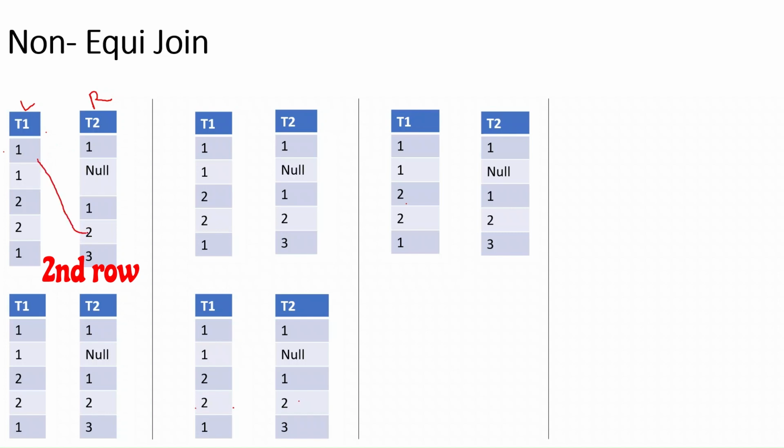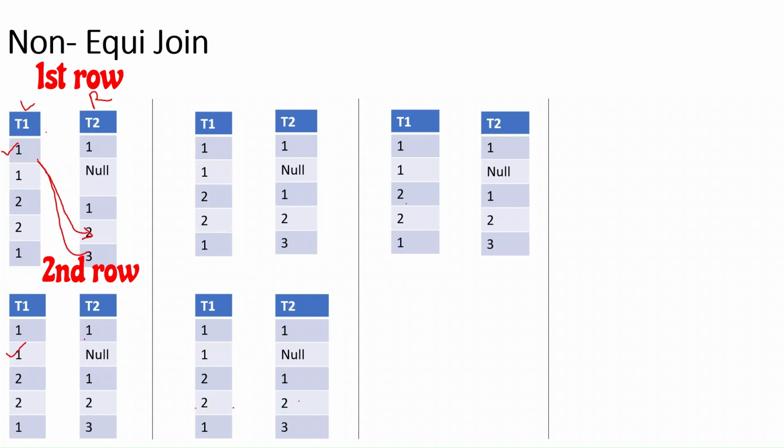We see that 1 compared to 2 is not matched, so it will take the second one from here. Next it will take this one, third it will take. Now the first row is finished.